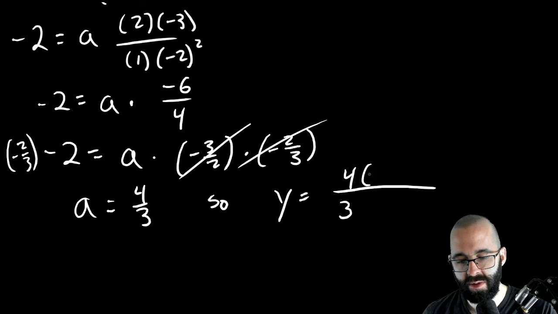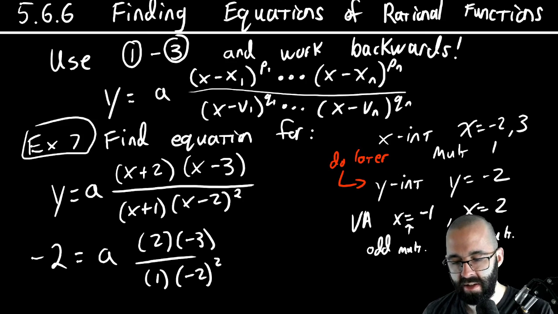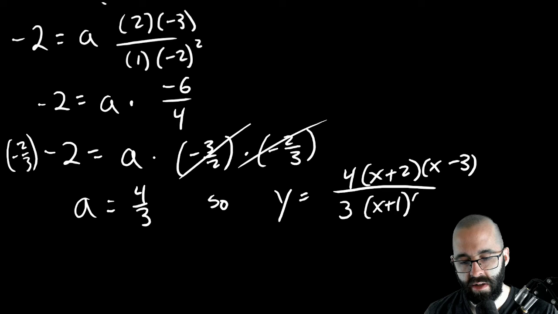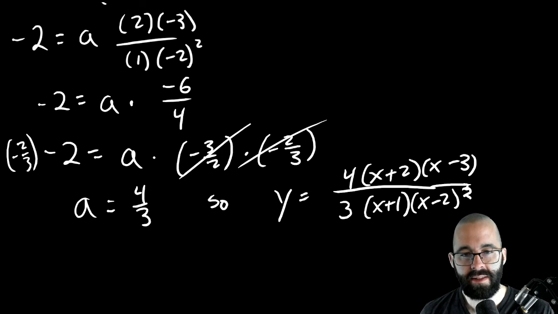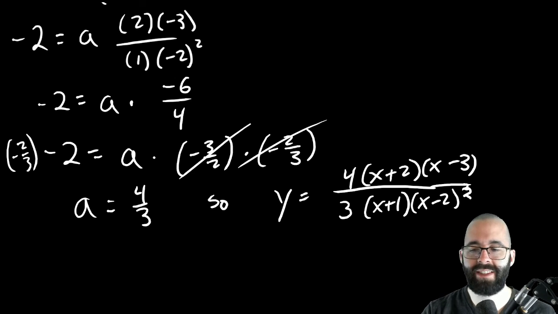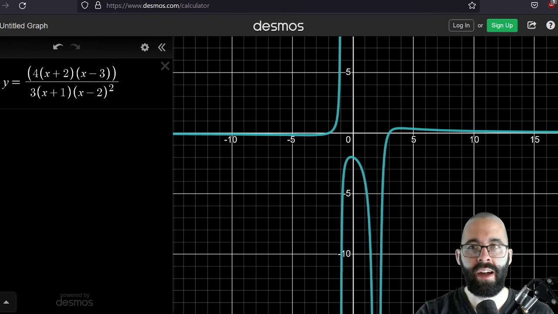So our guess becomes +4/3 is our coefficient. x plus 2 and x minus 3 have to do with our zeros on the top. x plus 1 and x minus 2 squared have to do with our asymptotes. So this is our guess. The last thing you're going to want to do is graph this on Desmos and make sure it's the same thing.